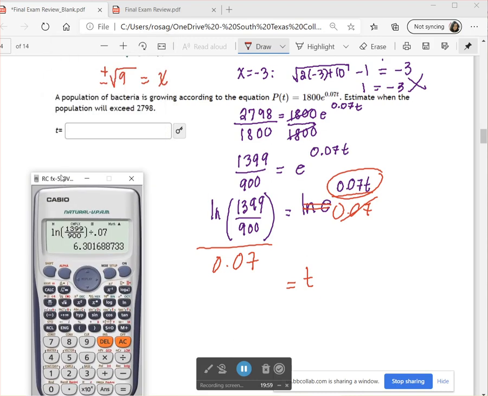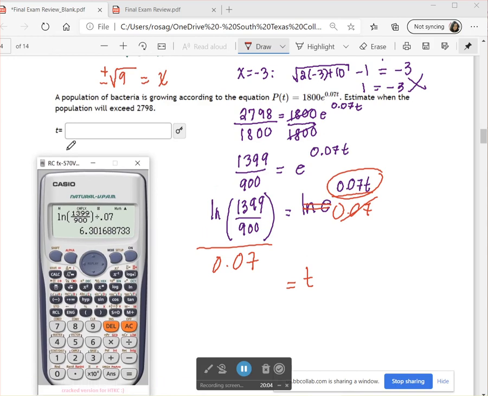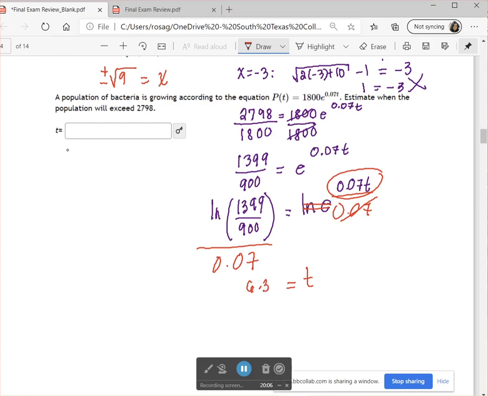It doesn't say where to round, so I'm just going to round to the nearest tenth and put 6.3. This is another thing that it may mark wrong if you just put 6.3, but I'm going to grade it by hand.